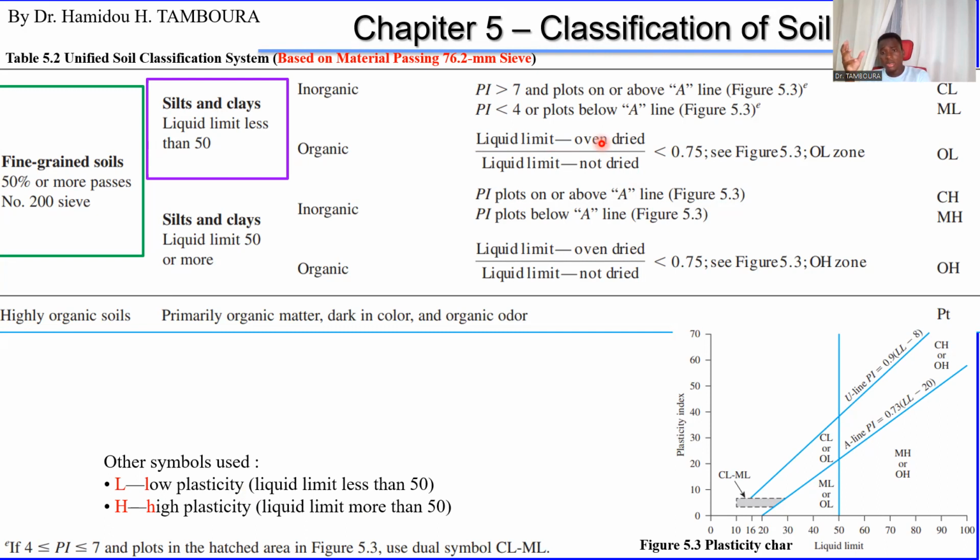If the soil contains some organic matter, it will affect the liquid limit just by oven drying the soil. So what you do is liquid limit oven dried divided by liquid limit not dried.